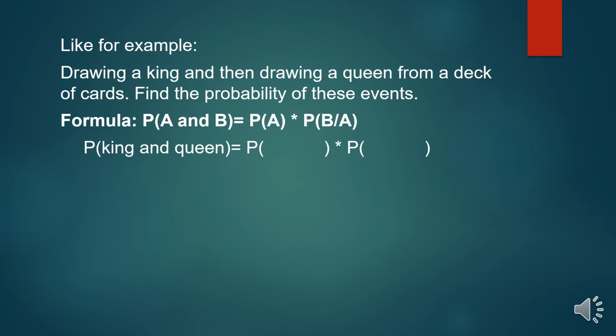Now, I might want to ask you, what is the probability of drawing a king and then drawing a queen from a deck of cards? Remember, these are dependent events.